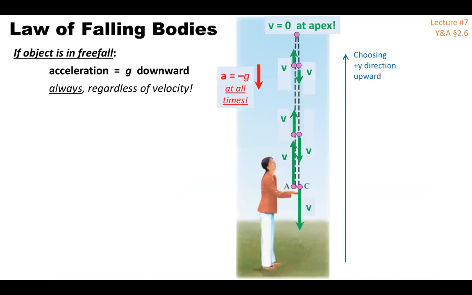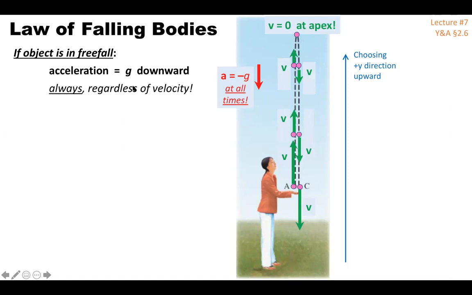Now let's emphasize something that I said earlier, which is that if an object's in free fall, meaning there's only one force acting on it, which is its own weight, and no other forces like air drag, for example, then the acceleration on it is always a magnitude of g in the downward direction, period. Right?